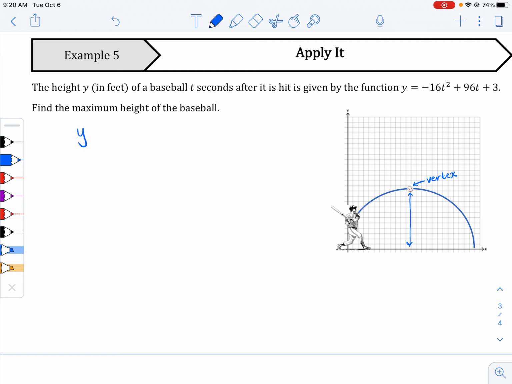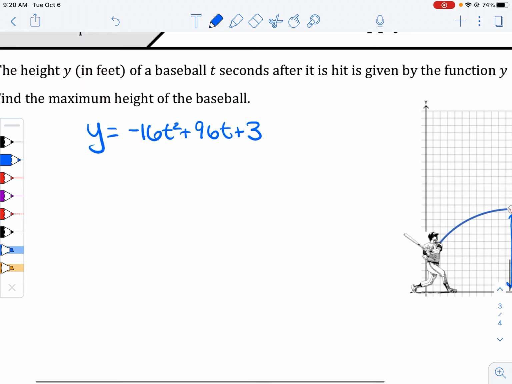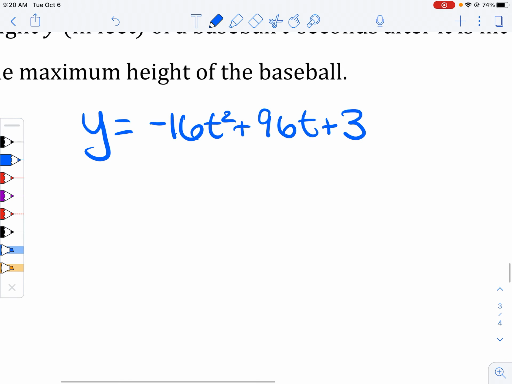So if I can find my vertex easily, then I can find that maximum height. So I want to write this as y, and then I'm going to add some mystery number. Actually, before I do that, let's just consider this function, y equals -16 t squared plus 96t plus 3. Recall I said in example 3 we came across one where we could divide because you want this to be by itself. Well, we have an issue here. We have this -16.